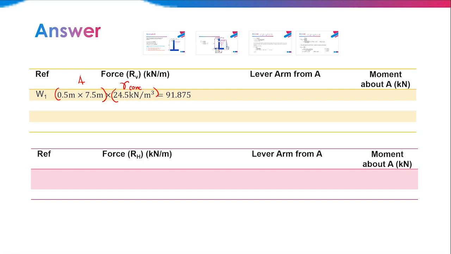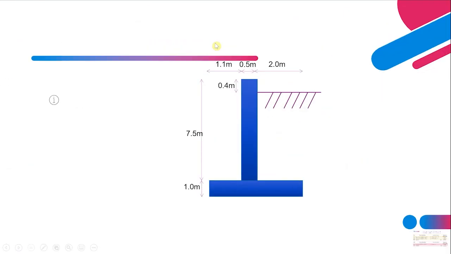You get the W1 force. And the next one, we directly calculate the lever arm from A. So lever arm from A, okay, L1. So what is the distance from the centroid of W1 to A. So A is at this point.